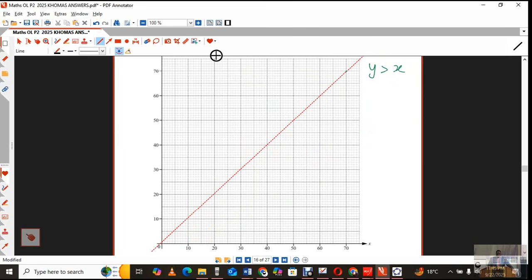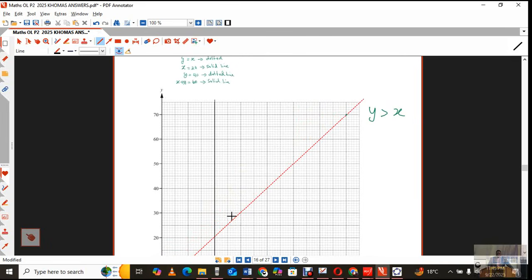It's just going to be something like this. It's not a big problem. Okay, this is the line x equals 20. The inequality is x is greater than or equal to 20.